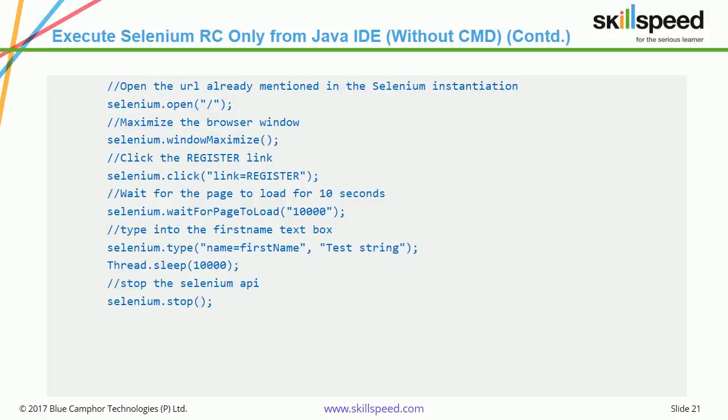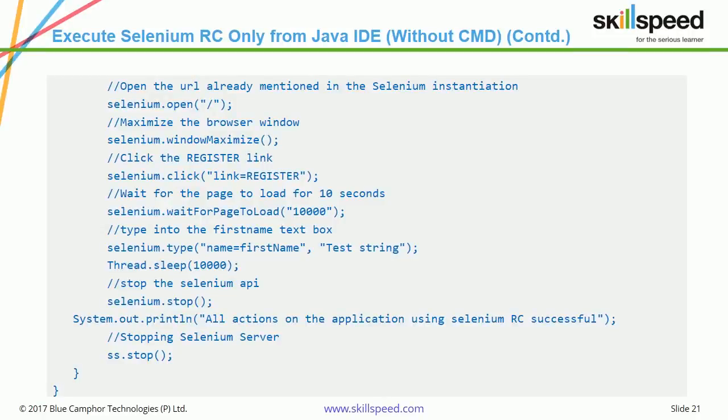Remember that we always have to start the Selenium server first, then the Selenium API, then we have to close the Selenium first, then we have to stop the Selenium server. So selenium.stop comes first, then we are printing all actions on the application using Selenium RC successful, then we are stopping the Selenium server using ss.stop. This ss.stop will close the Selenium server totally.